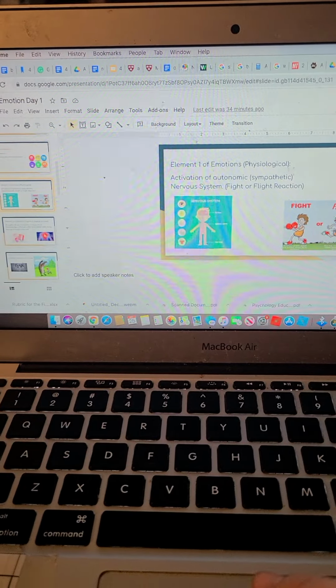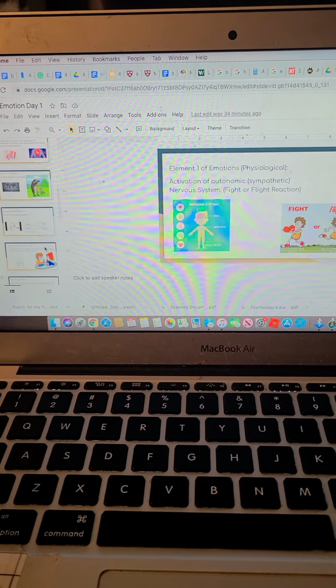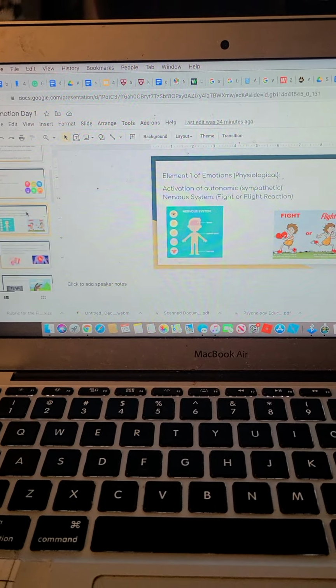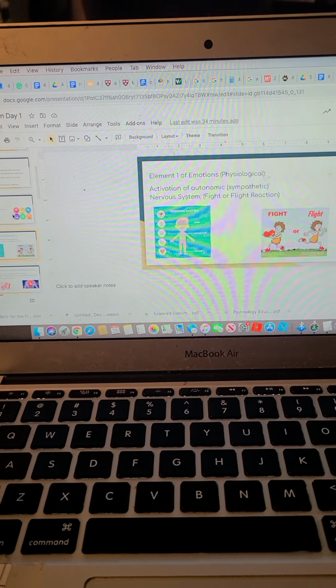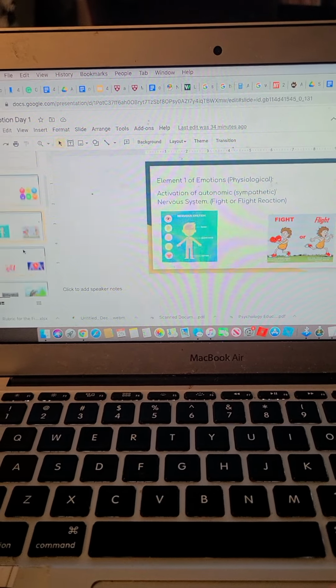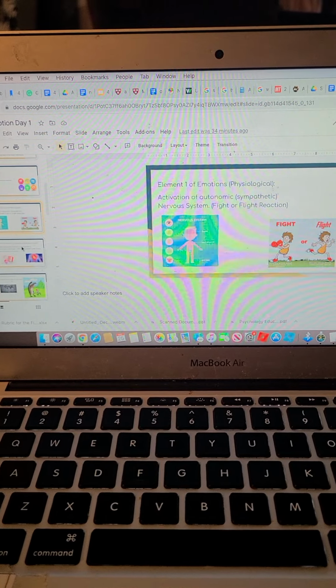So these are just the two hard vocabulary words, and it's not really vocabulary words, to be honest. It's more like the elements of emotions.